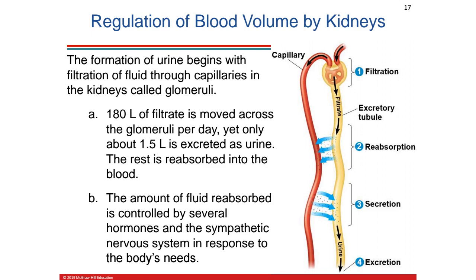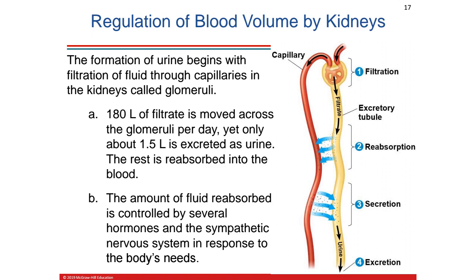And so that filtrate will contain water, and it will contain solutes, but it won't contain blood cells, and it won't contain very much protein. In fact, very little protein. So normally in a typical person, you have about 180 liters of filtrate produced per day in your kidneys. But in a typical person, you only generate about 1.5 liters of urine.